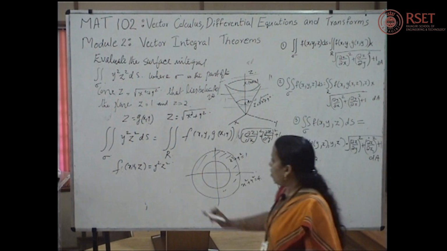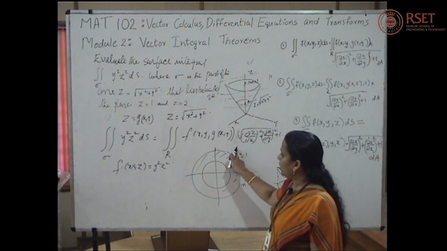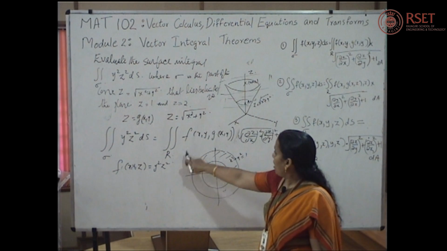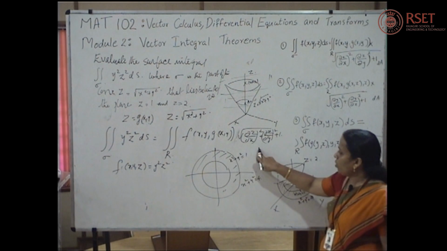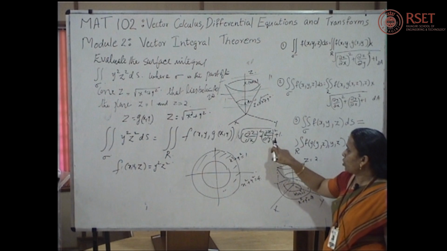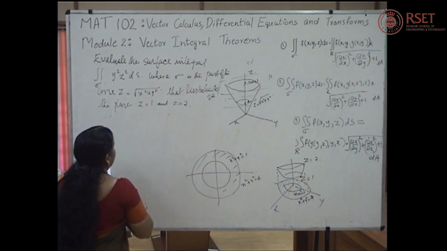Now we can consider the integral. The integral over sigma of y² z² dS can be converted into a double integral over R of f(x,y) g(x,y) square root of (∂z/∂x)² + (∂z/∂y)² + 1.